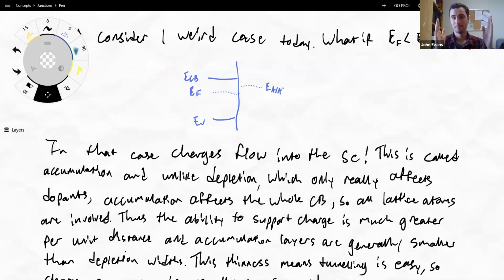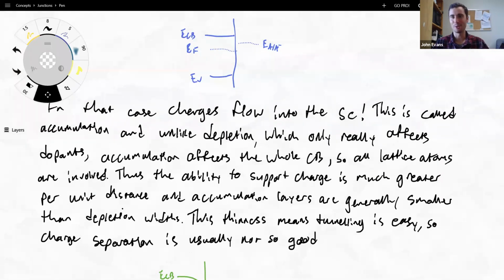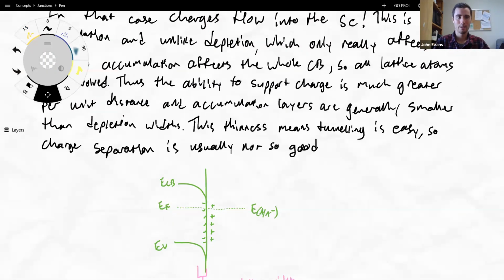Now, this thinness actually is bad, because it's so thin, usually on the order of like 100 angstroms, and that is thin enough that you can tunnel. The electrons can tunnel back and forth. So even though the electric field strength can be rather large, one, you're sort of pulling electrons now into your solution, because remember, electrons sink, holes float.